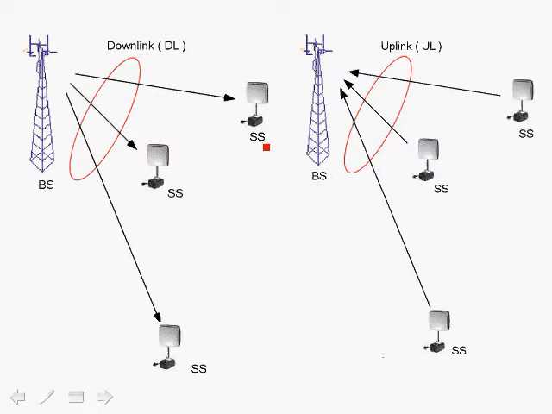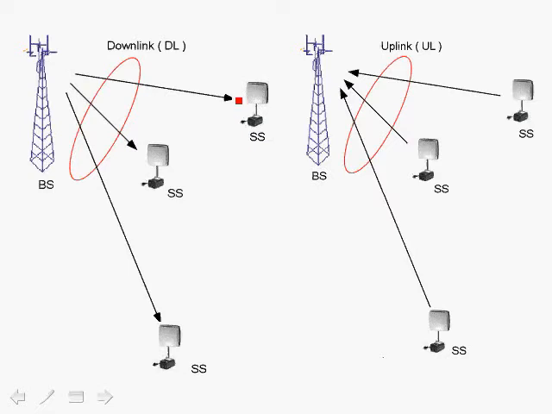Assume that the subscriber stations could be fixed, for example, within buildings, and the base station could be in a high-rise building, central location, and these could be other buildings or homes which are subscribing to the network. Here we show the situation where you have a downlink from the base station transmitting data to the subscriber stations.